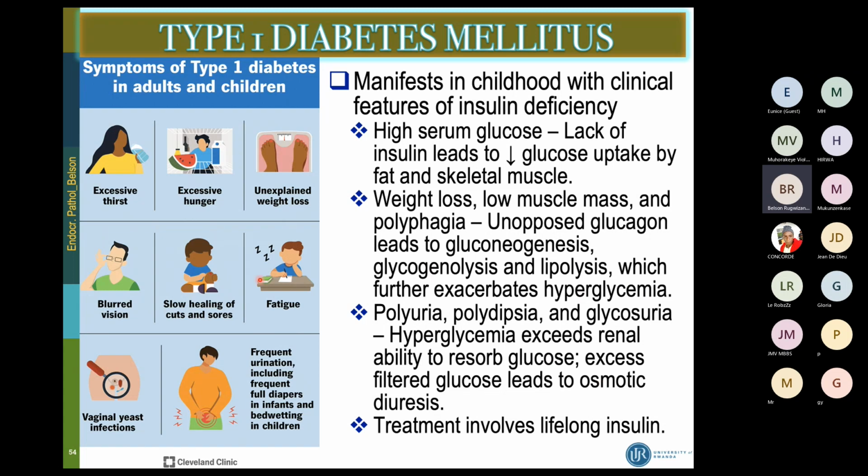So ikintu cyo kuvuga ngo urine nyinshi, so symptoms nako amaterme zikoreshwa kwa muganga za nyazo ni polyuria, too much urine, polydipsia, kunywa cyane, glucosuria, this is glucose within the urine. Hyperglycemia exceeds renal ability to reabsorb glucose. Excess filtered glucose leads to osmotic diuresis and so on.